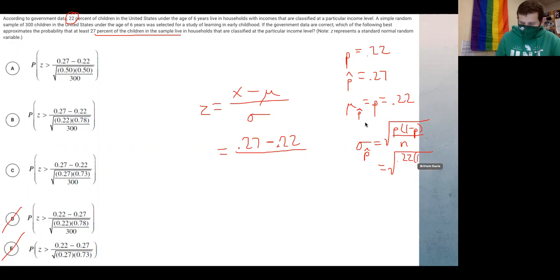The 1 minus 0.22 is going to go right there. And the sample size is 300. We can already kind of see what the answer is going to be. We're not looking at 50-50, so that's out. It's not 0.27, so we've already got our answer. The 1 minus 0.22 is 0.78. So there we go.